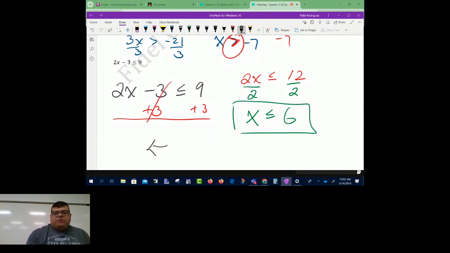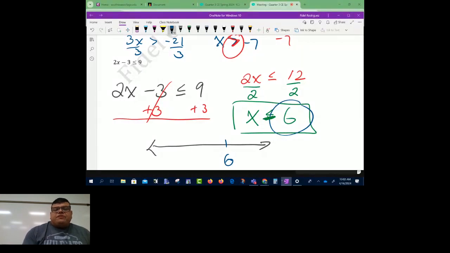Okay, so the other thing we did yesterday was draw a number line. The more important thing about the number line is that we at least plot this guy here. So here's the number 6. Since we have this little line underneath, the dot on the 6 is going to be filled in.